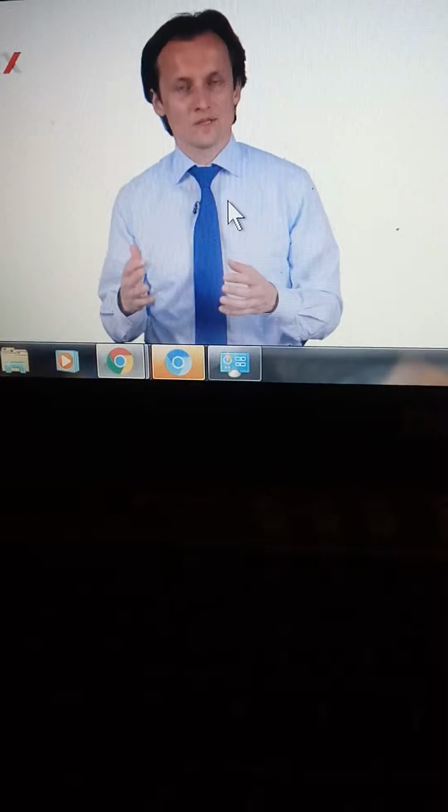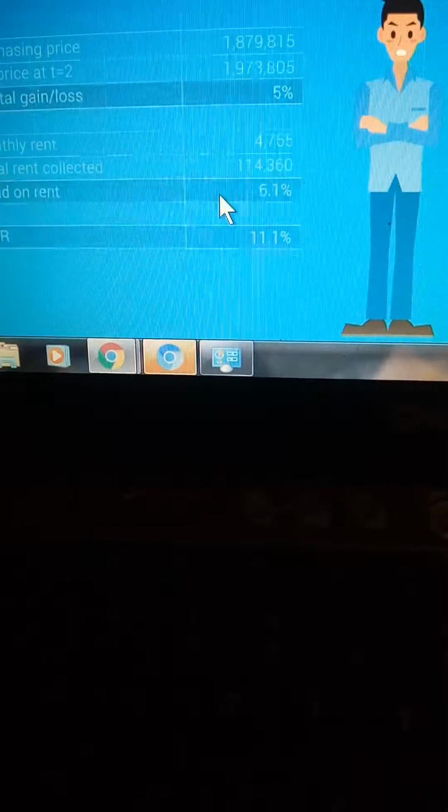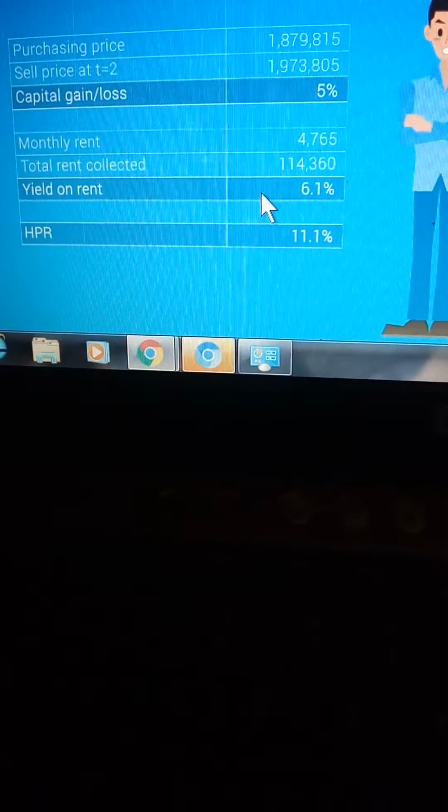For simplicity, the rent collected over the 2 years is not reinvested. As we can see from the figure on the screen, a purchase price of £1,879,815 and a selling price of £1,973,805 leads to a capital gain or loss of 5%.